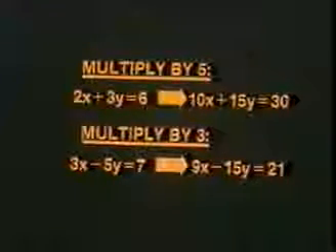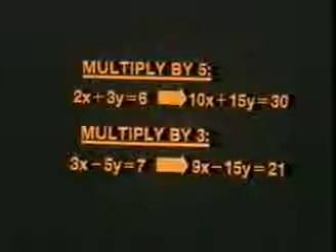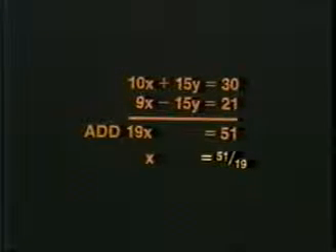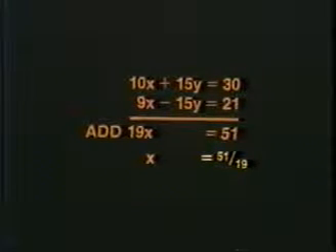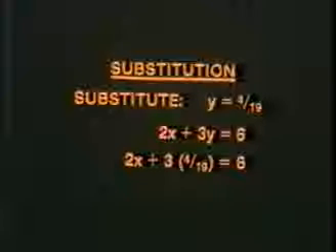This time we already have one positive and the other negative. So we add the two equations, y disappears entirely, and we have the answer for x. Remember that odd-looking fraction now, and we'll go back and do the same thing by substitution.